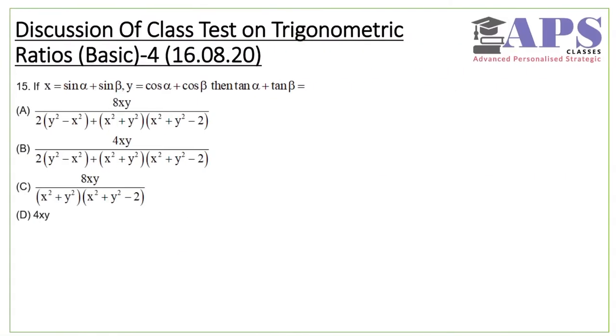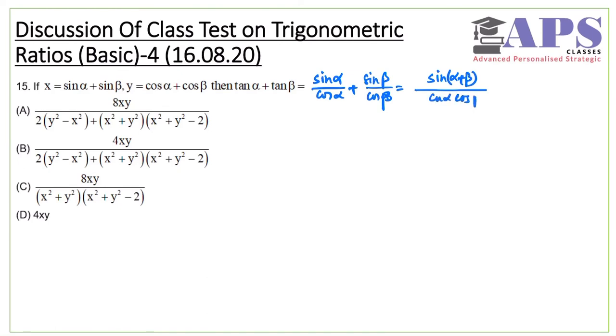In question number 15, some relations are given. Tan alpha plus tan beta I have to find. Let me simplify this first and see what we get. Sin alpha by cos alpha plus sin beta by cos beta, which when simplified will give us sin alpha cos beta plus cos alpha sin beta, that is sin of alpha plus beta divided by cos alpha cos beta.